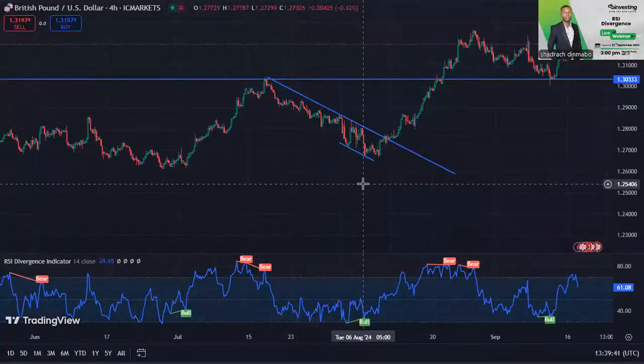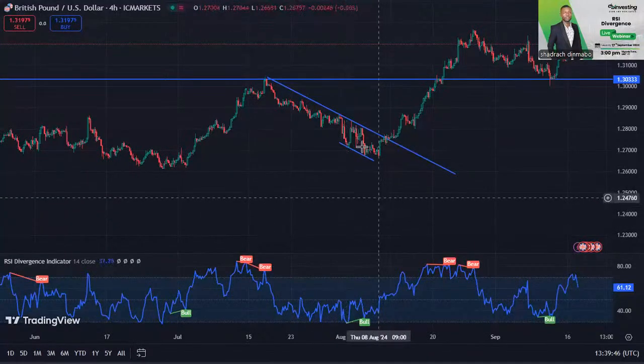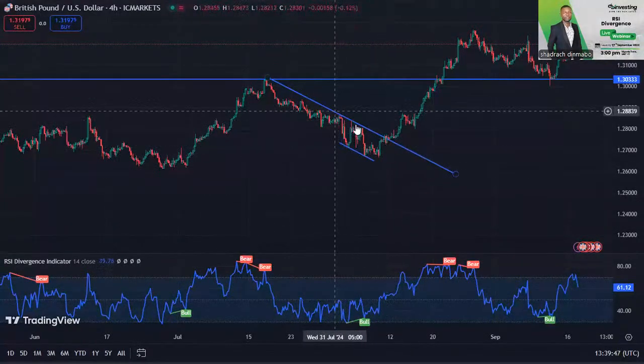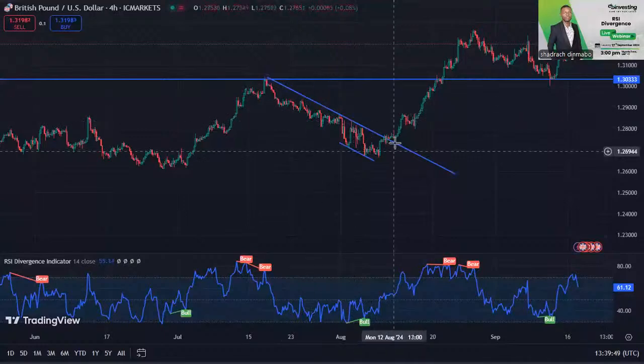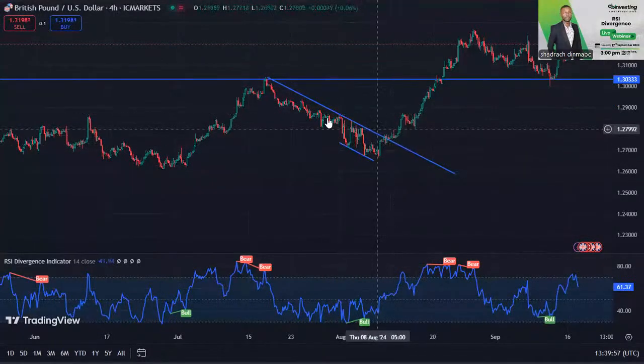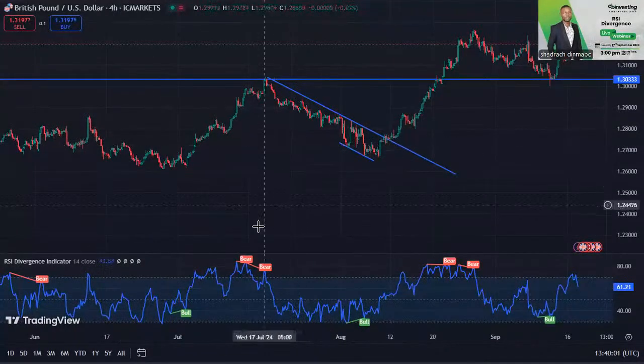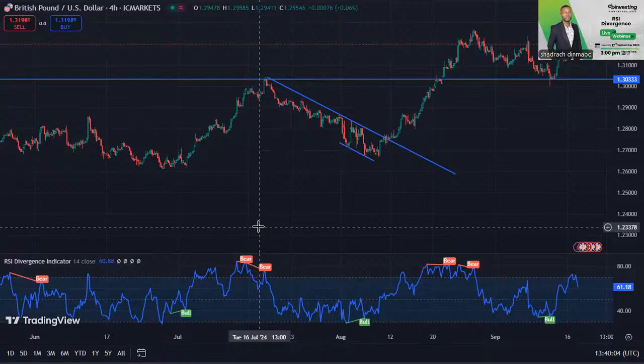Number two, if this bullish divergence is real, we want to see it break this trend line structure. If it does, then we are sure of going ahead with our bullish divergence. So there's a break of this trend line structure here, and that is going to be our entry point.